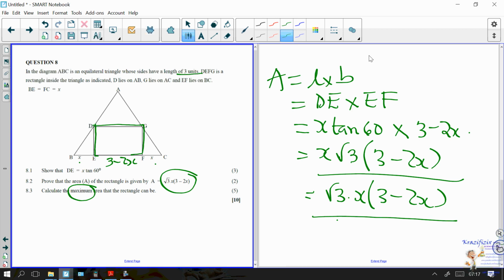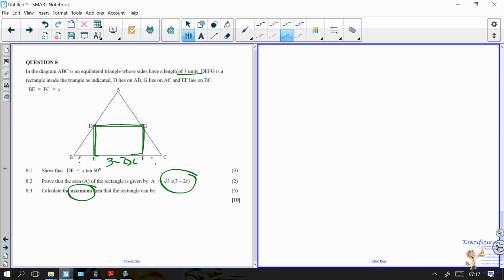Calculate the maximum area. Guys, when you hear the word maximum and minimum, you need to derive. So this is an application of our derivative. So A equals the square root of 3 x times 3 minus 2x. Now let's derive this with respect to x, our first derivative. Okay, before we derive, let's rewrite this as a simple linear expression.